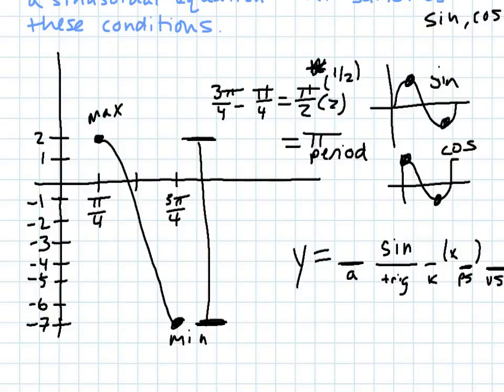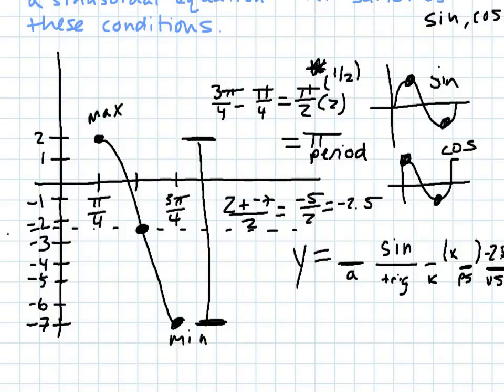Sorry, I need to find the median, or the average. So 2 plus negative 7 is what I need to do, divided by 2. So it gives me negative 5 divided by 2, which is negative 2.5. So that's my middle, which is right here. So that would be my vertical shift right there. I can plug that in.